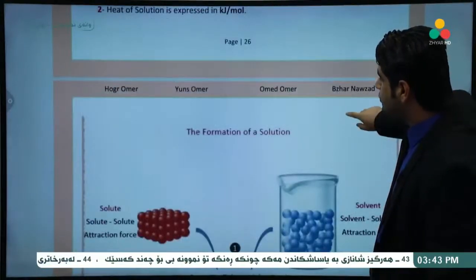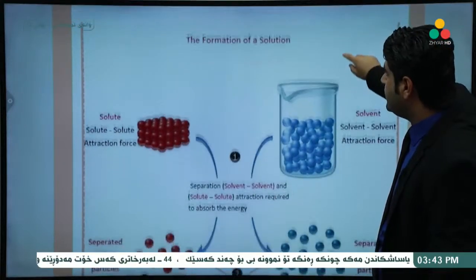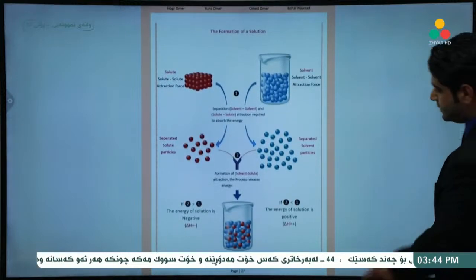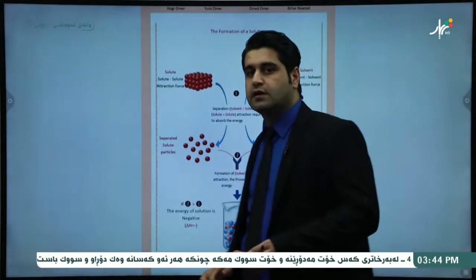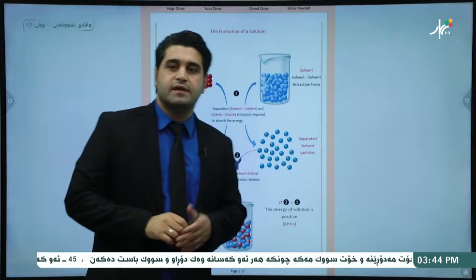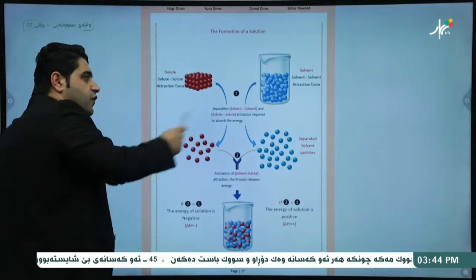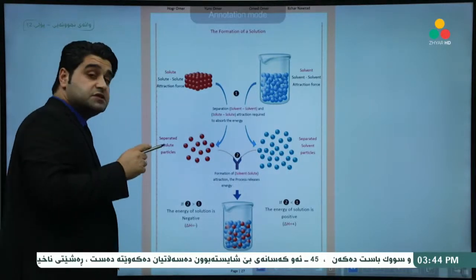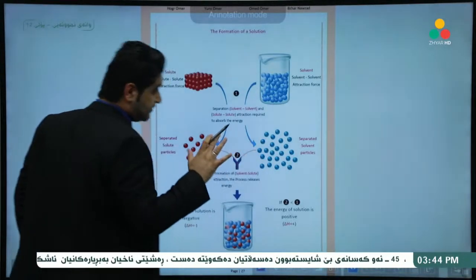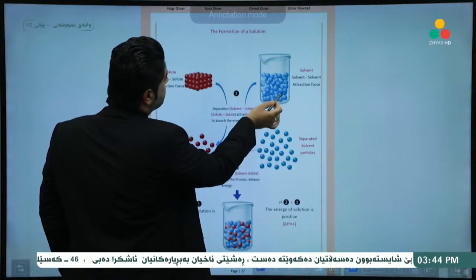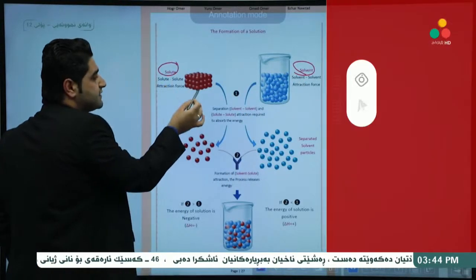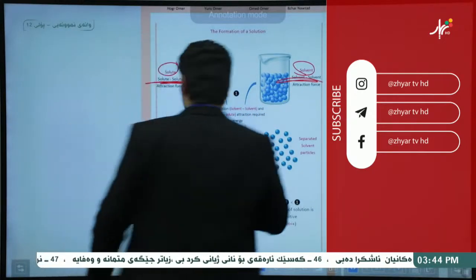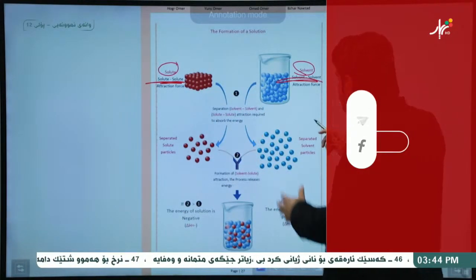Now let's talk about heat of solutions. When we make a solution, of course energy is given up or energy is absorbed, so there will be an energy change. Before starting to dissolve, this is a very good picture. It helps you understand very easily. Before mixing solvent with solute, we have attraction forces between the particles, so they will break up.